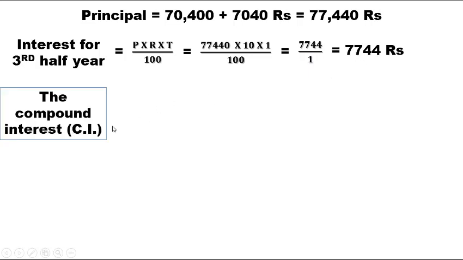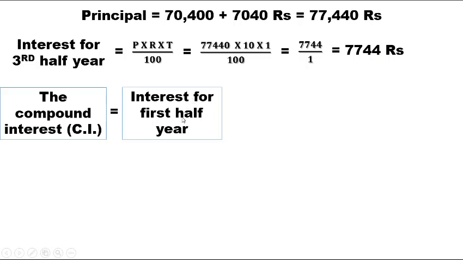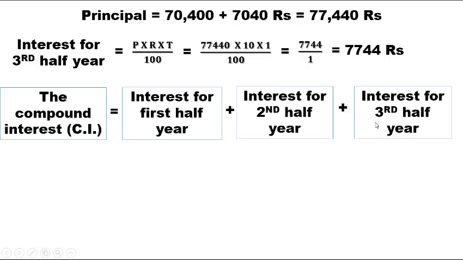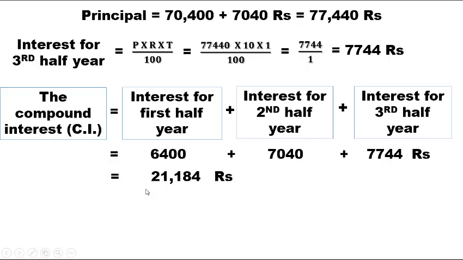The compound interest is equal to interest for the first half year plus interest for the second half year plus interest for the third half year, which is 6,400 plus 7,040 rupees plus 7,744 rupees, equal to 21,184 rupees.